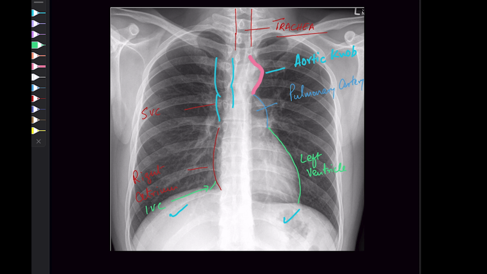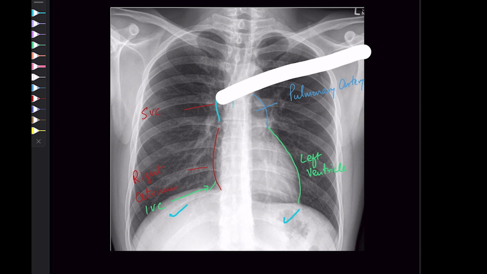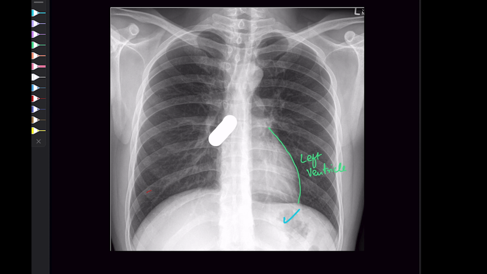After saying that, to see more structures, let's delete all of them. Let's erase them. Now just pay attention. We all said this is the dome of the diaphragm. And this one is my body wall, thoracic body wall.